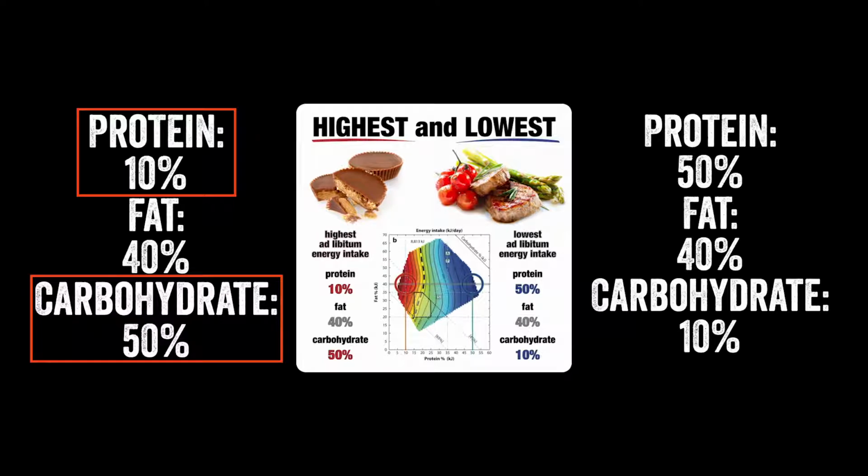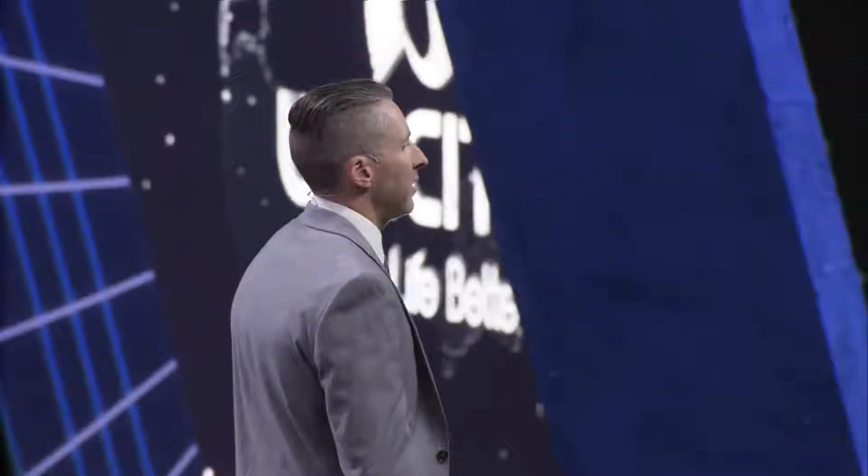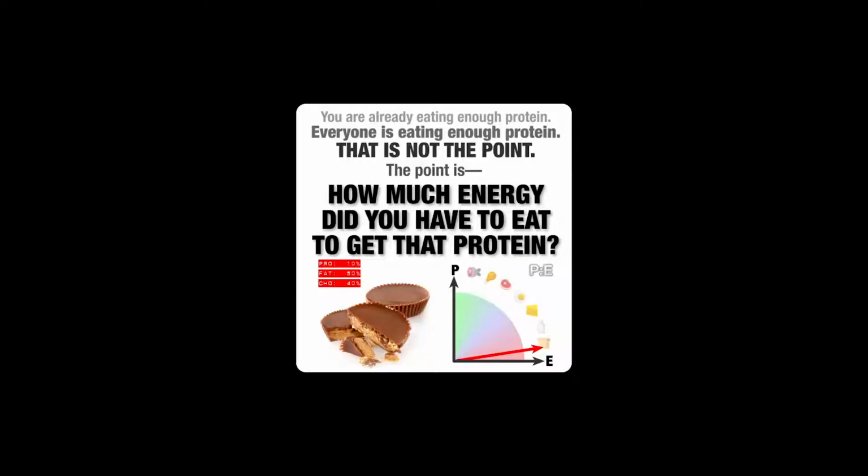And they saw the very lowest energy intakes at a high protein intake of 50% and a low carbohydrate intake of 10%. So everyone's eating enough protein to be alive. We know we're eating enough protein to be alive. But the question is, how much energy did you have to eat to get that protein?